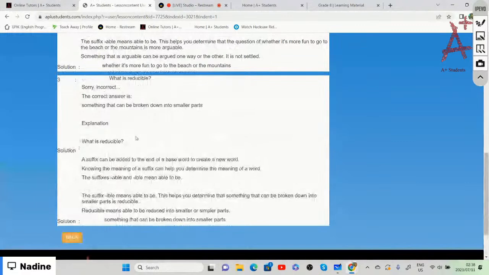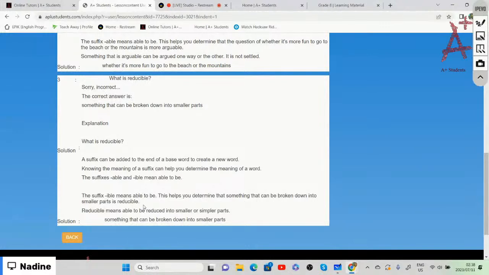Reducible. What is reducible? All right, so reducible, right? Something that can be broken down into smaller parts is reducible, and reducible means able to be reduced into smaller or simpler parts, right?